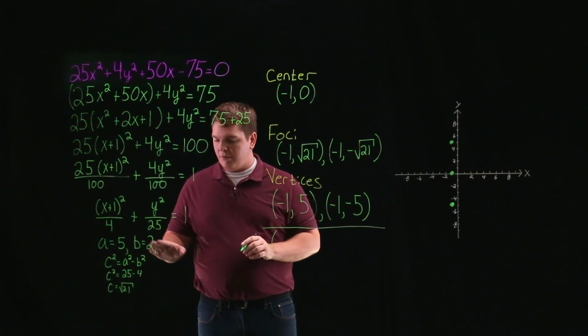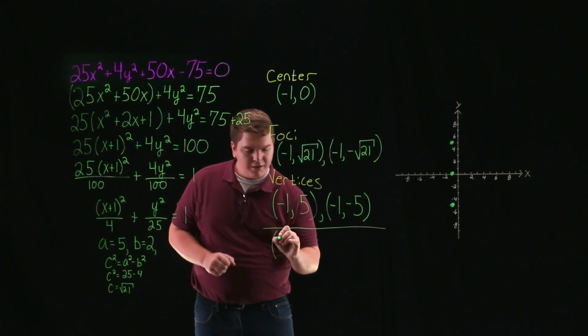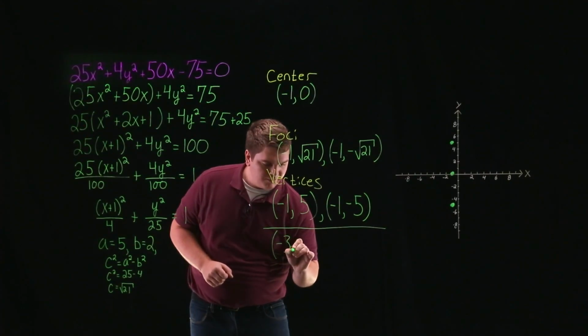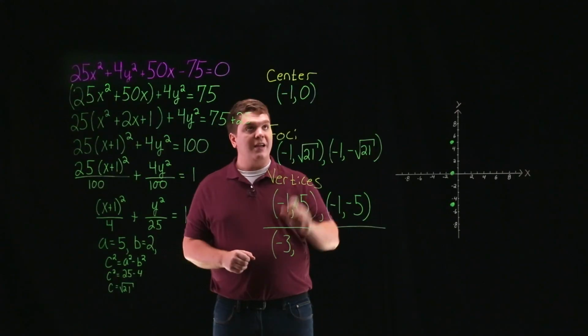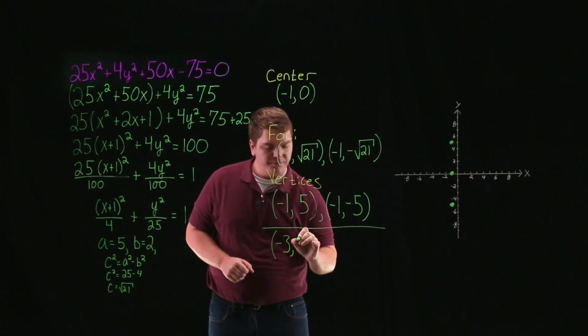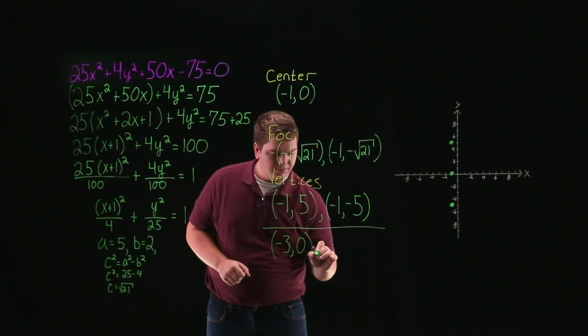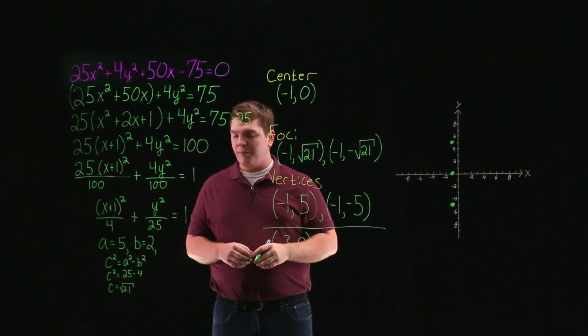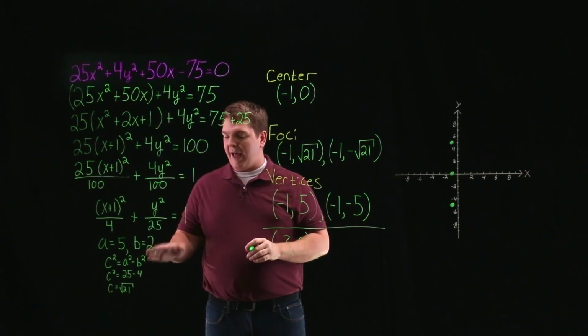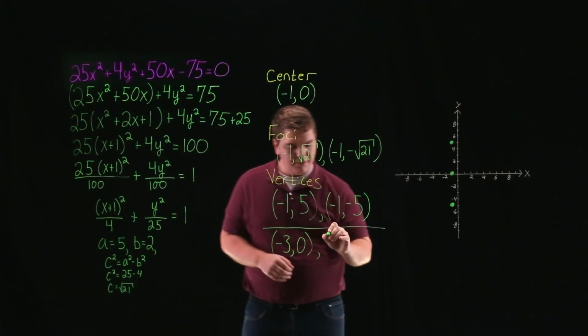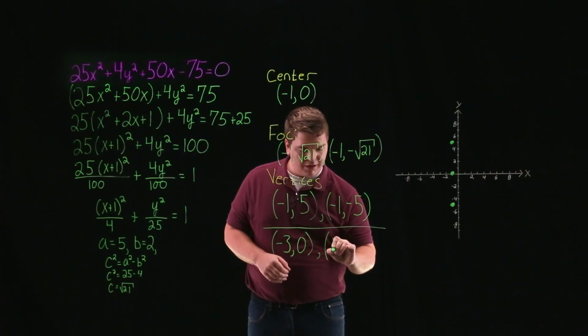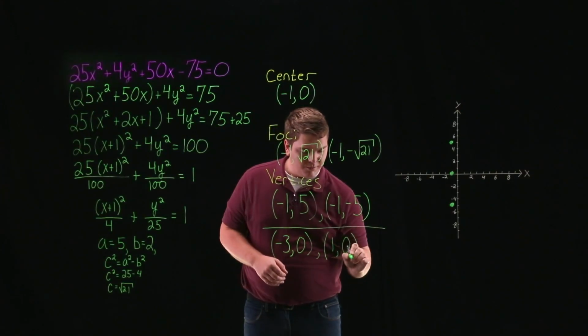So we'll have -1 minus 2, which is -3, and we'll have the same y-coordinate as our center. To find the other endpoint, we'll start at -1 and add 2, and we'll have the same y-coordinate. So here we have 1, 0.